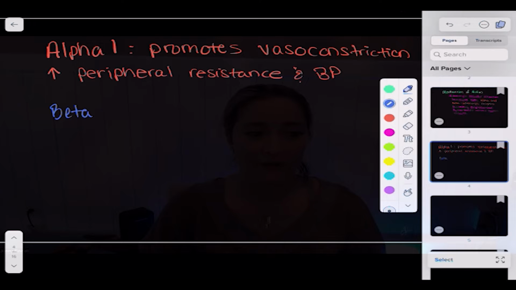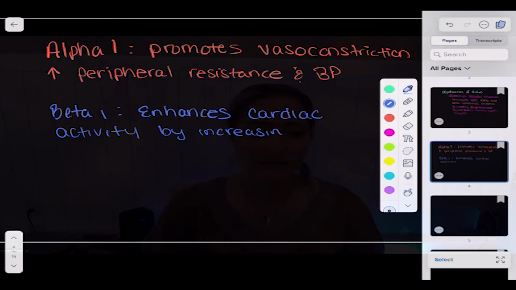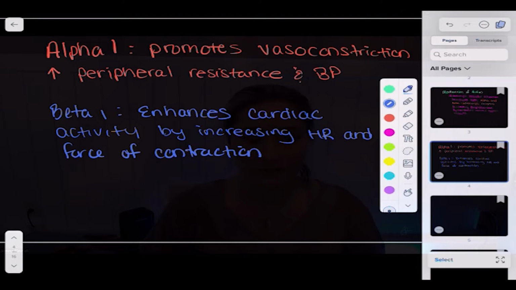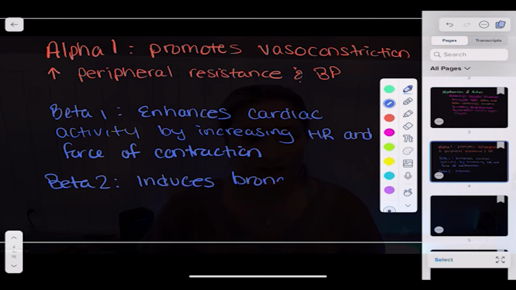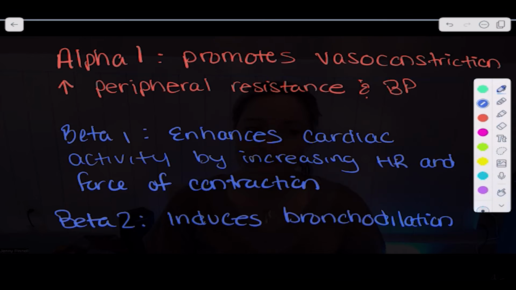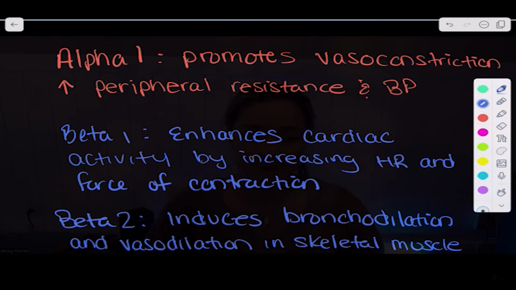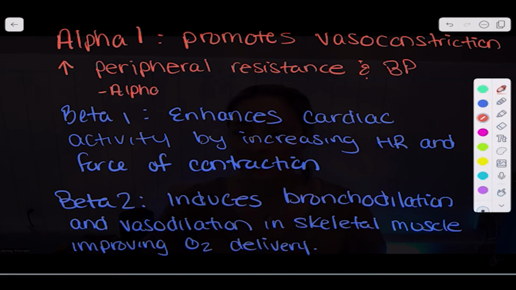And then we have your beta-1, which enhances cardiac activity by increasing heart rate and force of contraction. And then you have your beta-2, which induces bronchodilation and vasodilatation in skeletal muscle, improving oxygen delivery. Keep in mind that alpha-2 is also activated, but it works as a negative feedback loop.